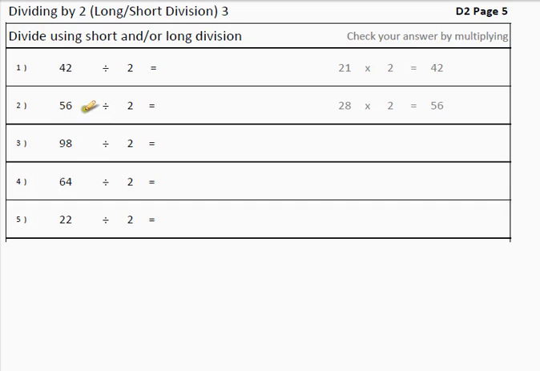Let's look at the second one here, 56. And you would write that in your bus stop method. 2 goes in 5 how many times? Twice. The remainder is 1. Okay, 2 goes in 16, 8. Now what I want you to be very careful here when you write this on your own without the grid.